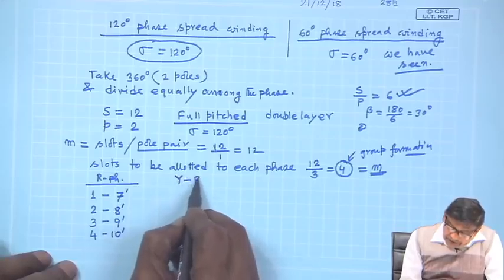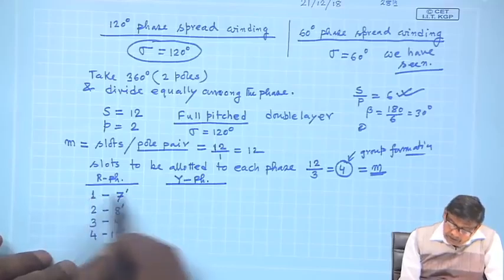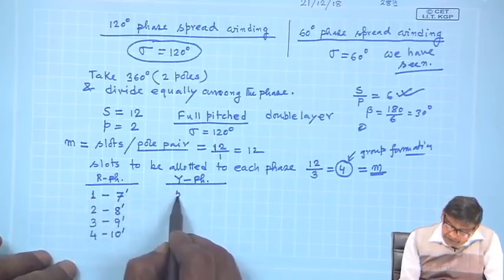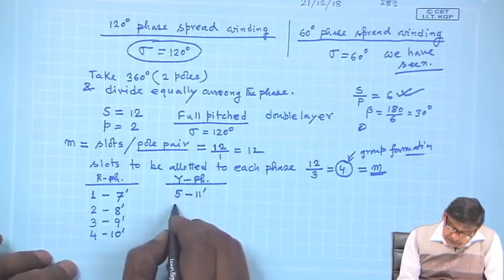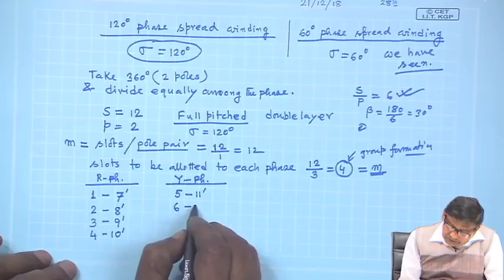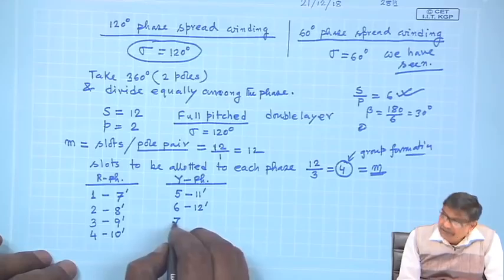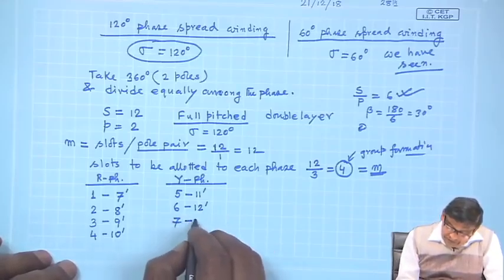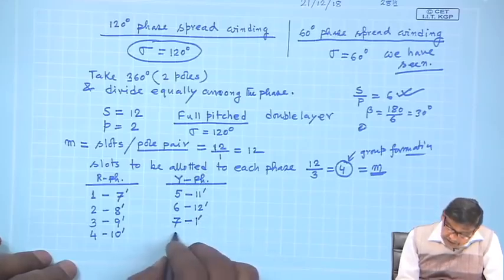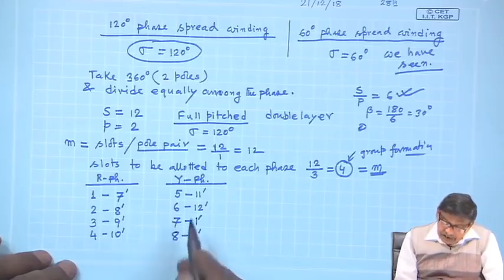Then what should be Y phase? Y phase should be then 1 plus 4, 5 and 11 dashed, and then continue 6 12 dashed. If any mistake, point out, 6 12 dashed, 7 13 dashed is 1 dashed, and 8 2 dashed, and Y phase is over.